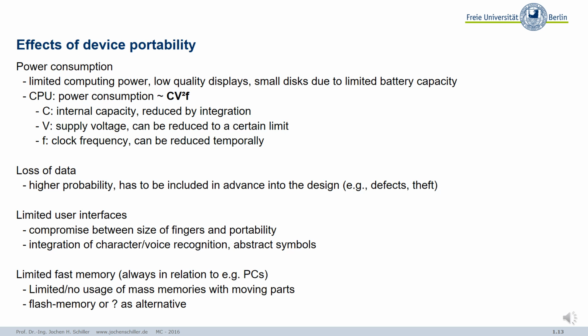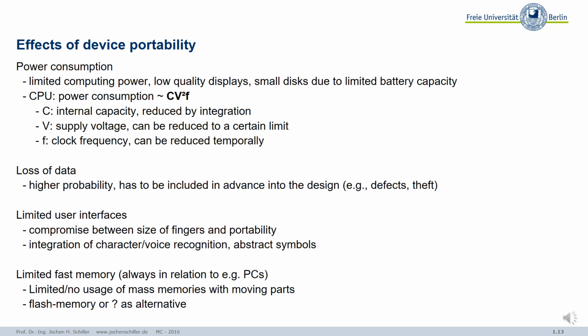We have some, however, effects of device portability. So one effect is the power consumption, and there we have the problem that the power consumption is proportional to the capacity. Well, what does it mean?